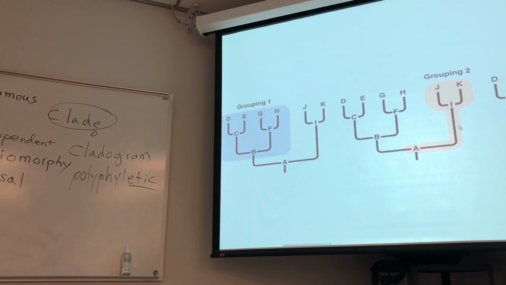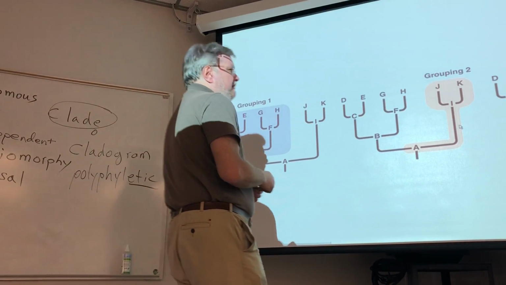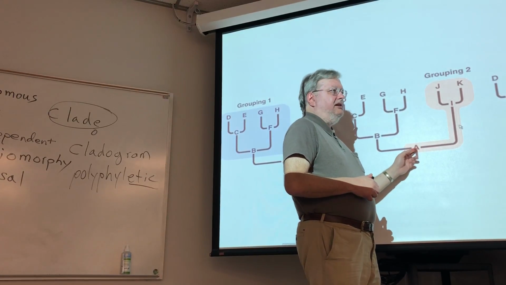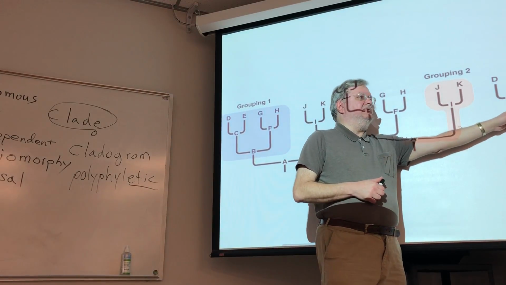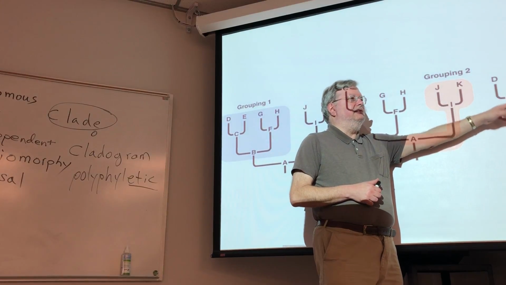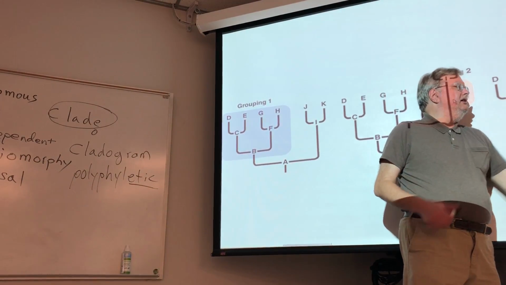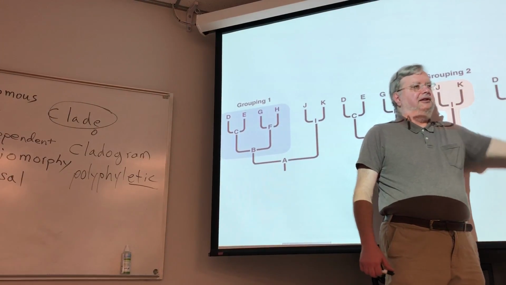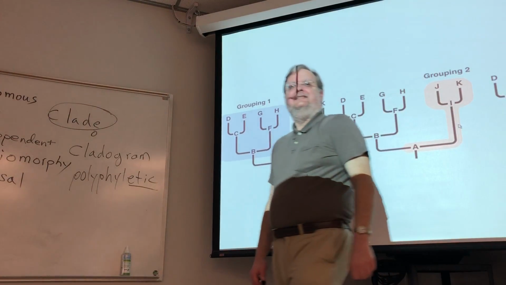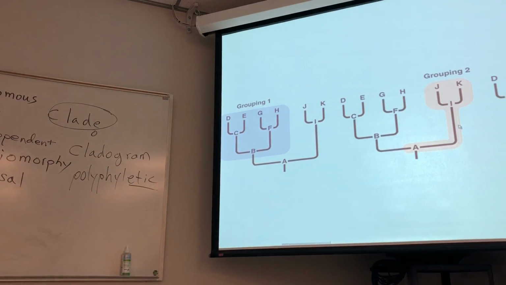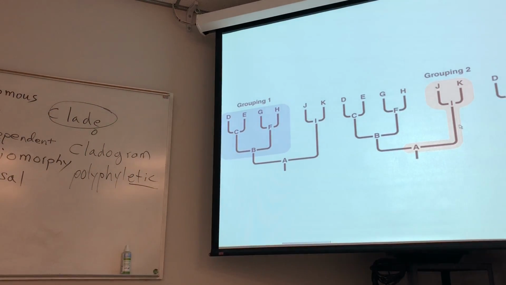In any event, neither of these fits the definition of monophyletic. Paraphyletic isn't including all of the descendants of the common ancestor. This one doesn't even have a single common ancestor. In fact, if you wanted to have a monophyletic group that included G, H, J, and K, you'd have to circle everything there.